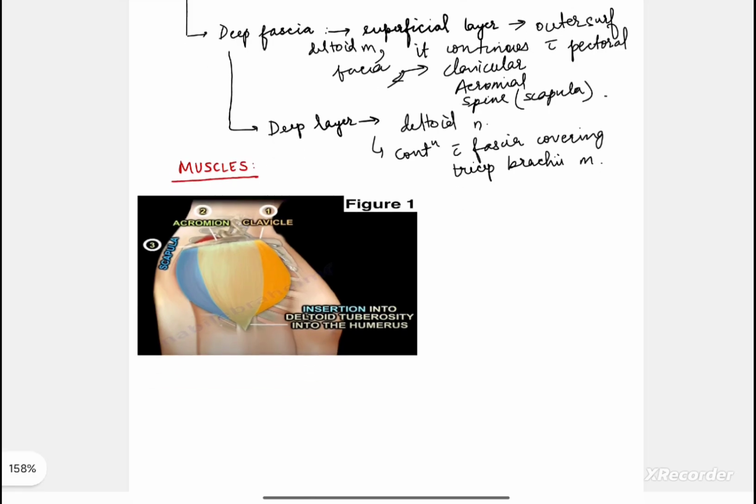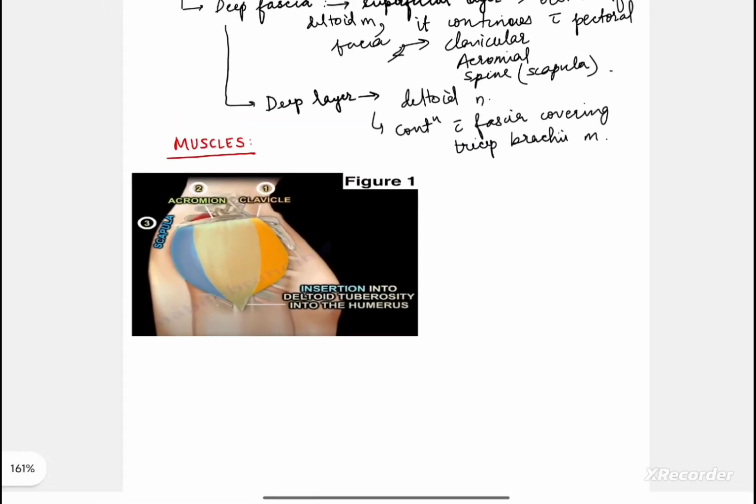Okay, now the last topic, we come to the muscles. In the deltoid muscle, there are unipennate and multipennate parts. Unipennate are clavicular and scapular.